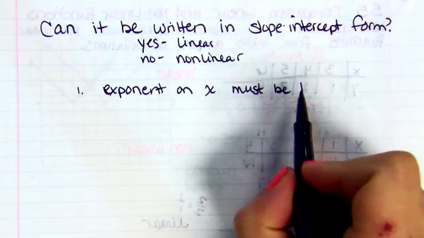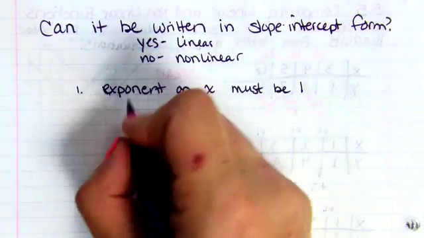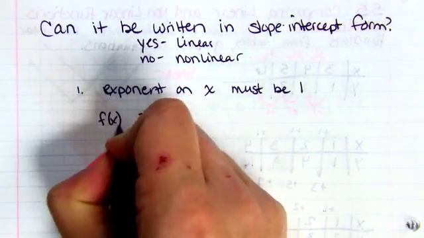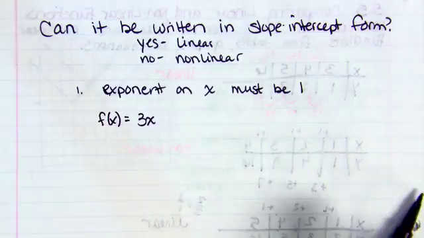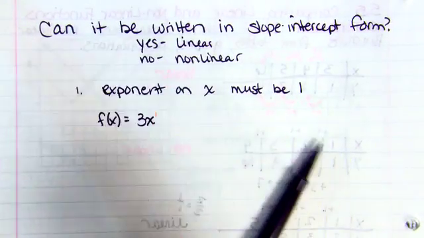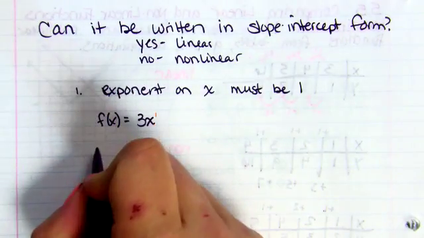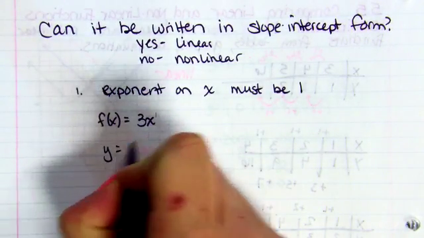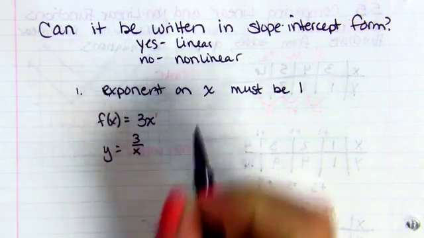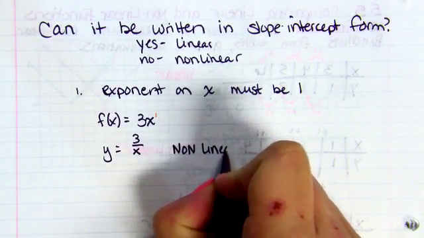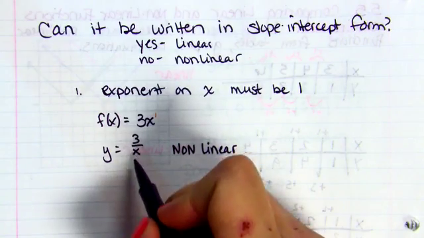Remember that 1 is shy. We don't always see the 1. So if you have something like 3x, our hidden exponent here is 1. If I am dividing by x, that's not okay. This is nonlinear because I'm dividing by x.